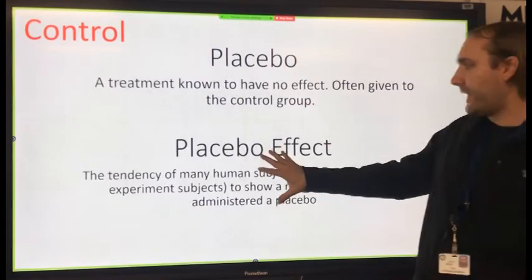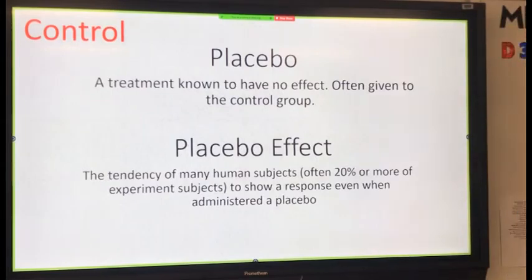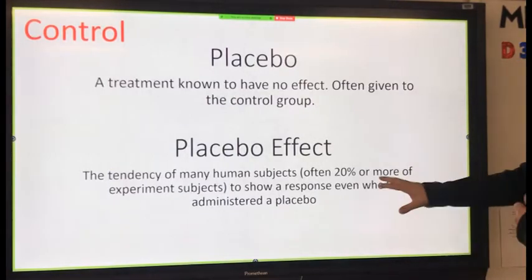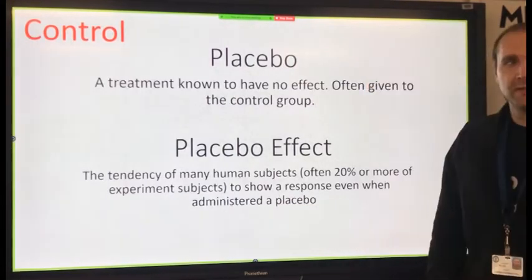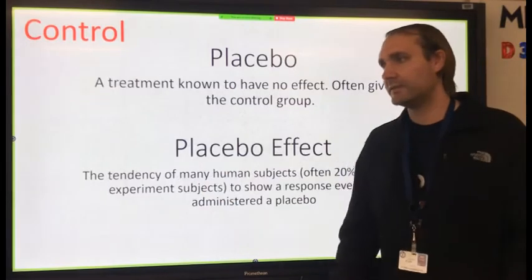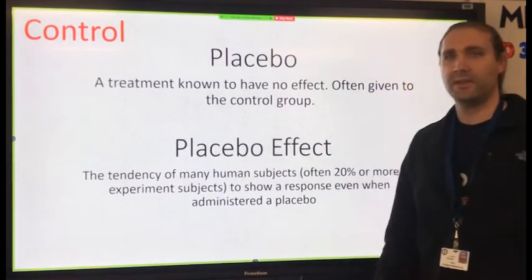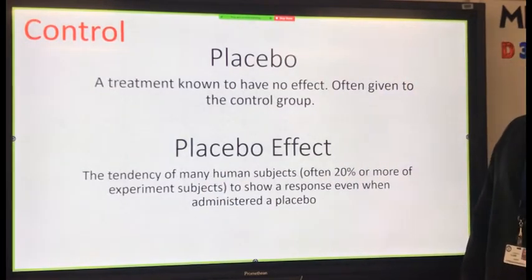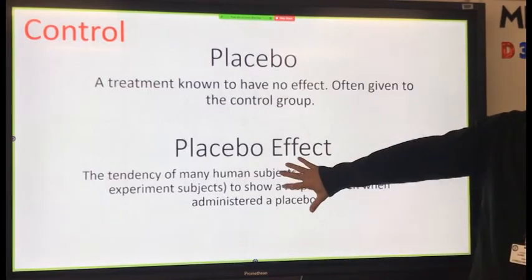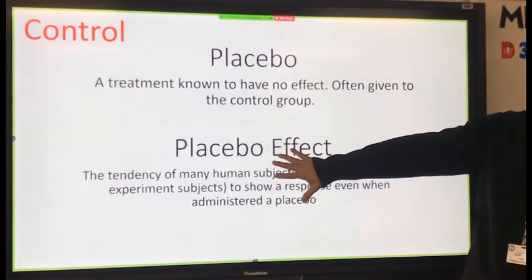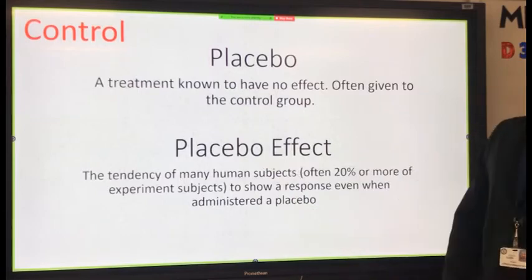A placebo effect is the tendency of many human subjects, often 20% or more of an experimental group, to show a response even when you administered a placebo. Here's some Tylenol. And they take a sugar pill, and they're like, oh, my headache went away. If you know me long enough, I'll probably give y'all plenty of placebo effects in this class. Discuss.